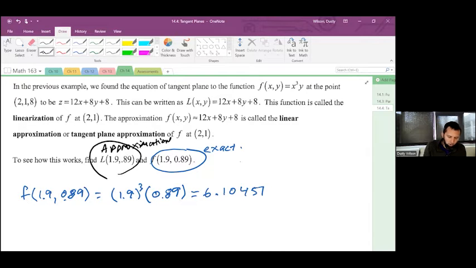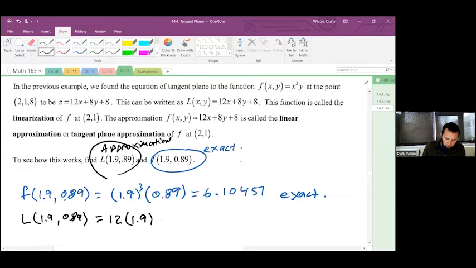So again, it's exact. We could approximate this using L of 1.9, comma 0.89, which would be 12 times 1.9 plus 8 times... wait a second. Give me a second to check something.